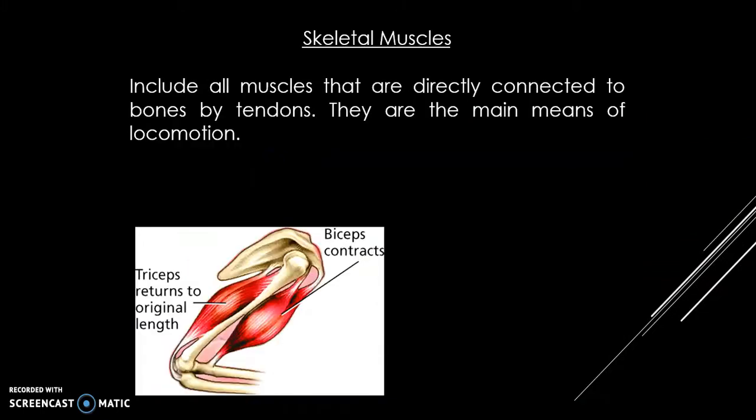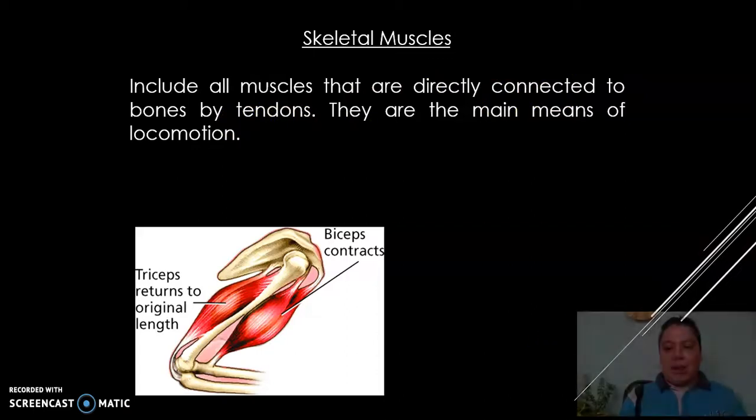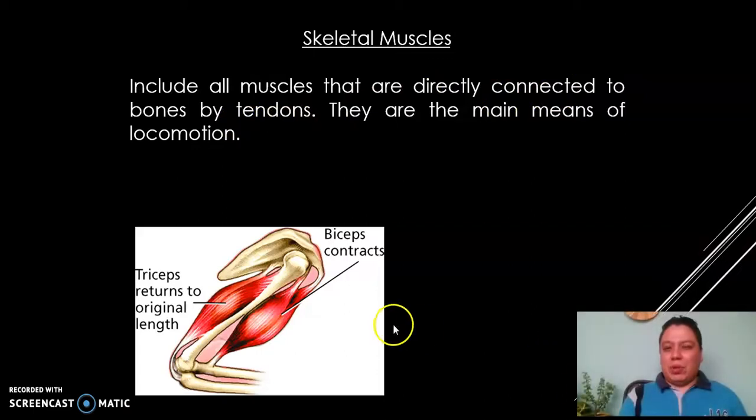So the first thing is the skeletal muscles. Skeletal muscles include all muscles that are directly connected to bones by tendons. You have probably heard of this word before, tendons, okay? Tendons are basically these straps of tissue over here that connect the muscle to any bone that is needed, okay?